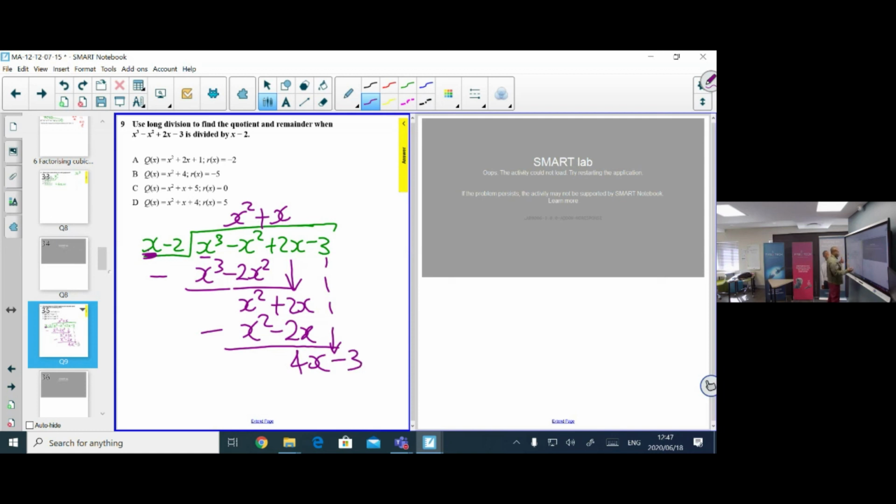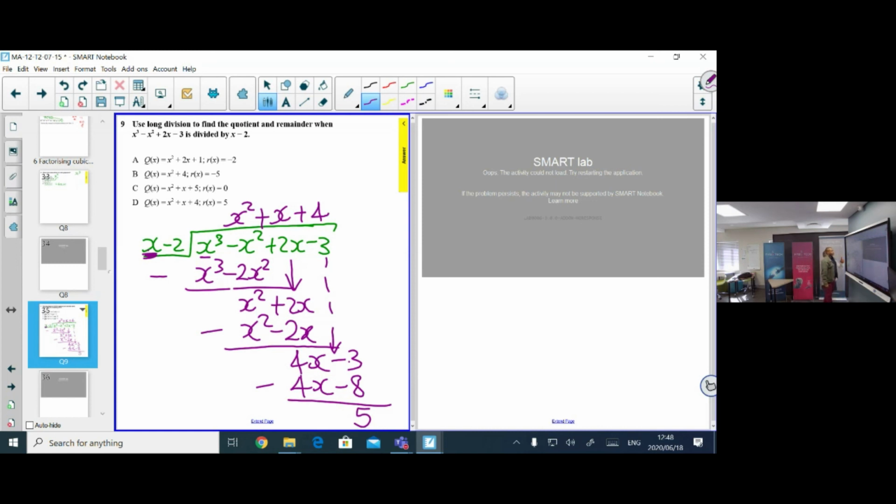And x into 4x will be plus 4. And then you multiply again with that x, you get 4x minus 8. Then your final subtraction will give you 0 on the first, and then 3 minus 8 actually means 8 minus 3, which is 5.